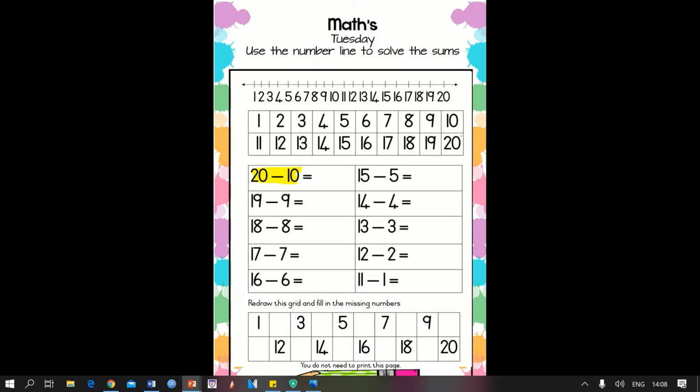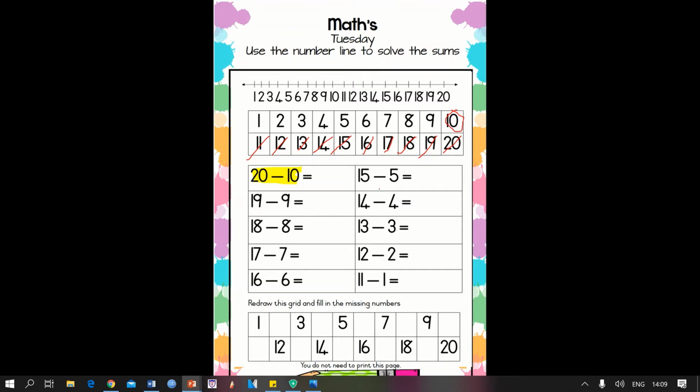Let's go. 1, 2, 3, 4, 5, 6, 7, 8, 9, 10. So I took 10 numbers away. And what number is my next number? Number 10. Good. So 20 take away 10 is 10.